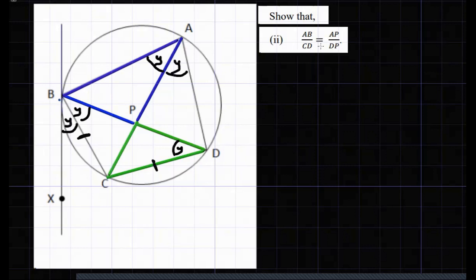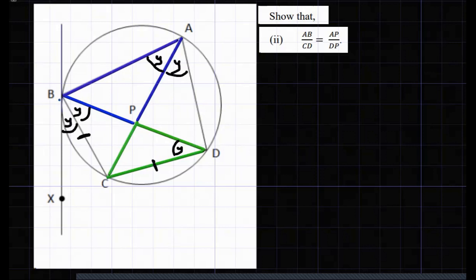And what's DP? DP is a side of the green triangle.